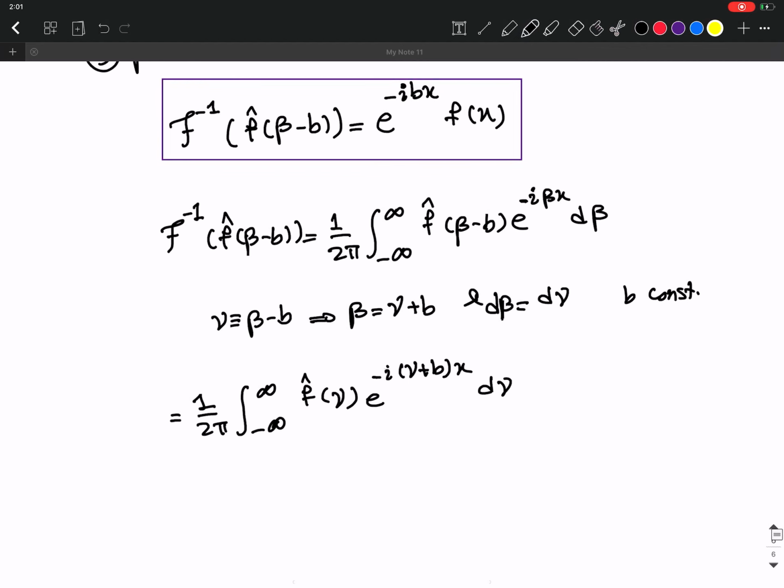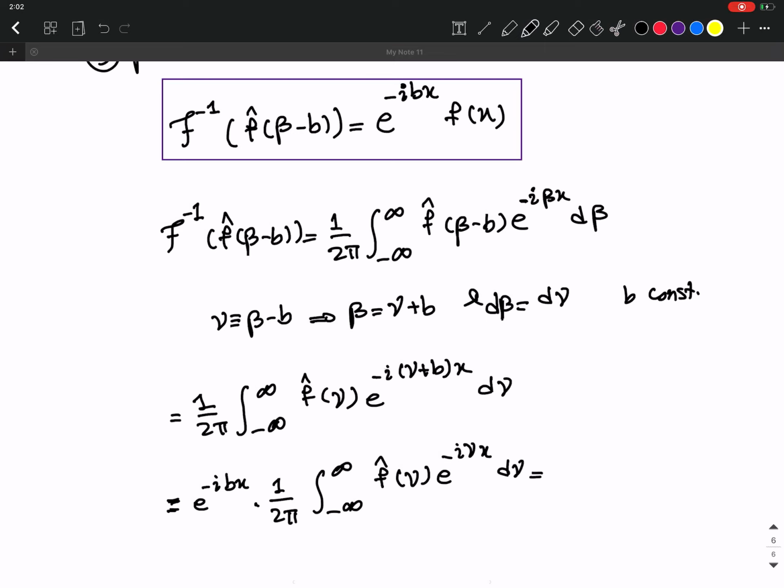And because b is constant, I can take this out here. It doesn't matter, right? So I can just write it down as e to the minus i b x. It's not a function of nu, right? So e to the minus i b x times 1 over 2 pi, the integral from minus infinity to infinity of f hat nu times e to the minus i nu x d nu.